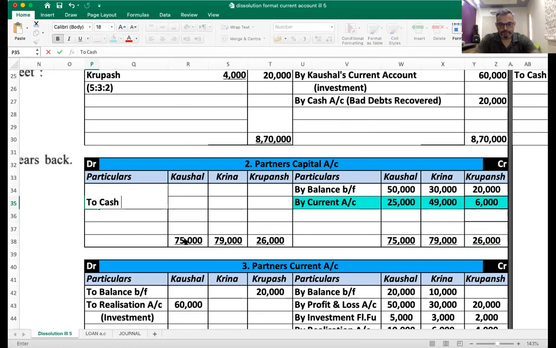So to cash account, you can write the word difference or balancing figure. 75,000, 79,000, 26,000.